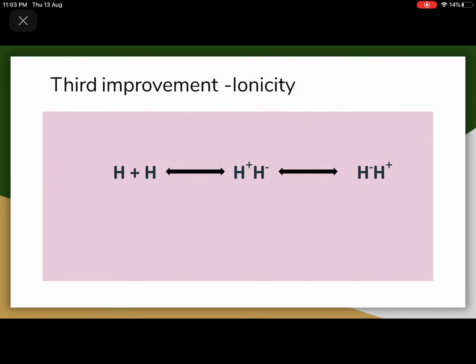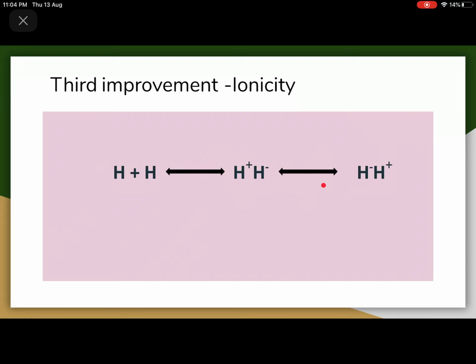And the third improvement is ionicity. Two hydrogen atoms get combined to form an ionic bond. In the first case, the first hydrogen atom will have a positive charge and the second hydrogen atom will have a negative charge. And here the first hydrogen atom has a negative charge and the second hydrogen atom has a positive charge.